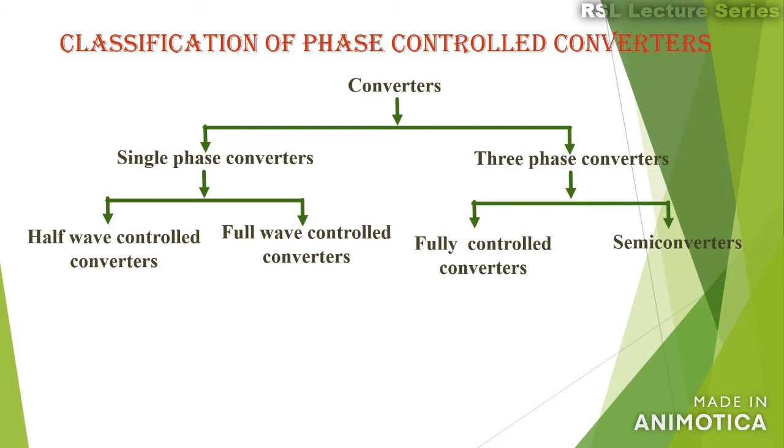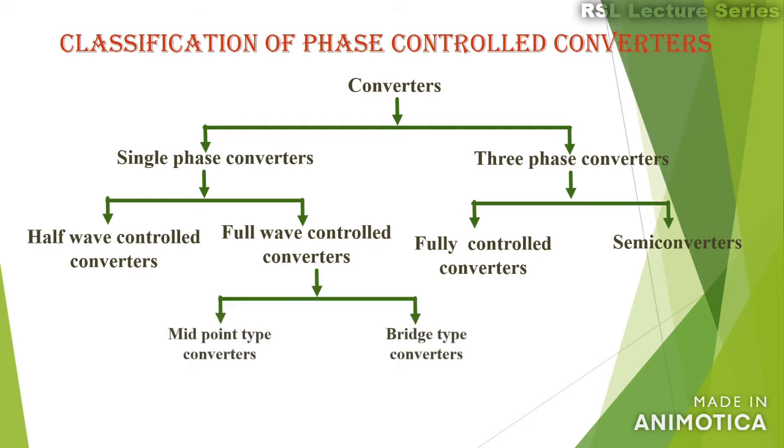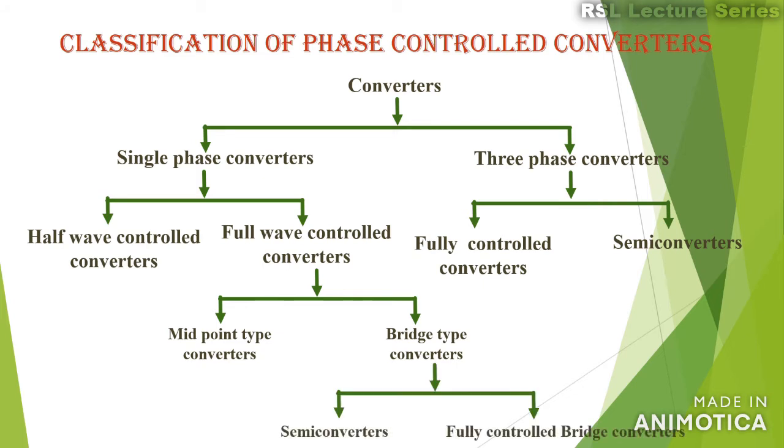The full wave controlled converters under single phase converters are further classified into midpoint type converters and bridge type converters, depending upon the type of connections. Further, bridge type converters are classified into semi converters and fully controlled bridge converters.